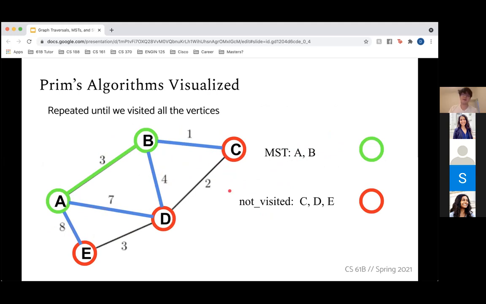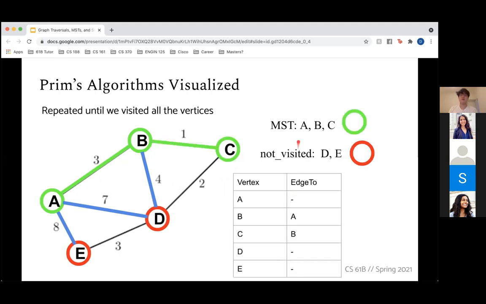Yeah, exactly. So we want to add BC to our MST. And once we do so, we move our vertex C into our MST set. And now we only have 2 vertices left in our not visited set.